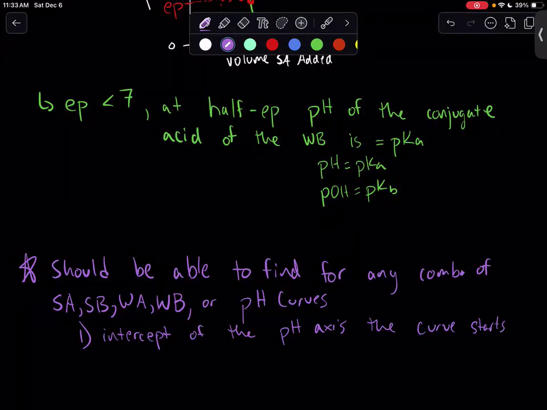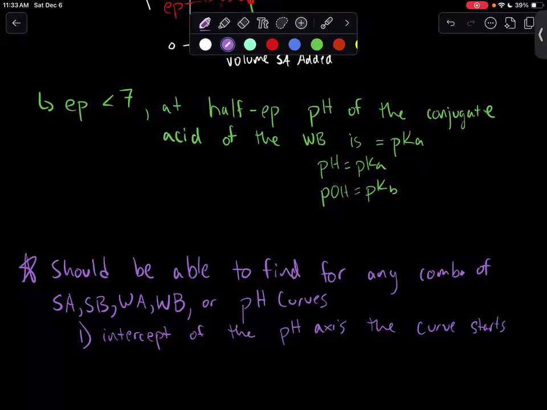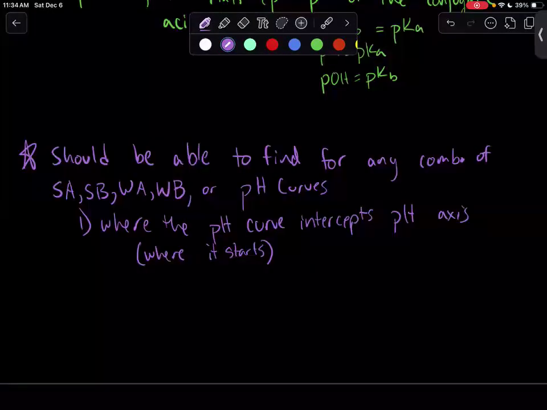So if it's a weak base, you should know it starts somewhere in like the 11 range. If it's a weak acid, somewhere in the 3, 4 range. Strong base, somewhere in the 13, 14. Strong acid, somewhere in the 0, 1. So you need to be able to indicate where the curve starts.